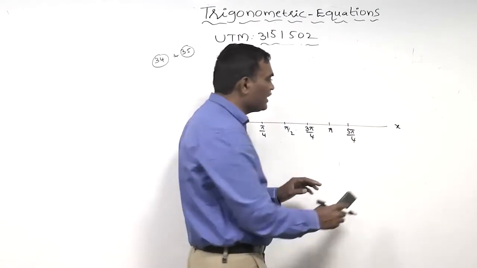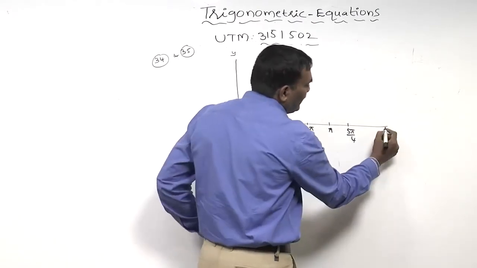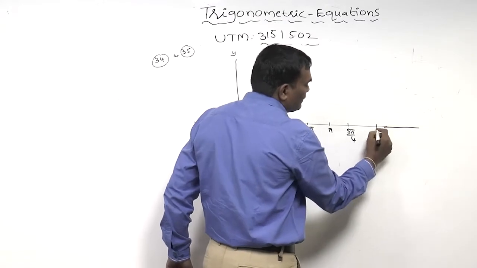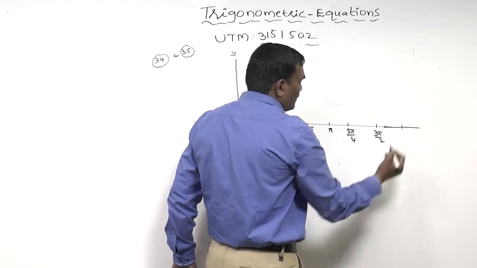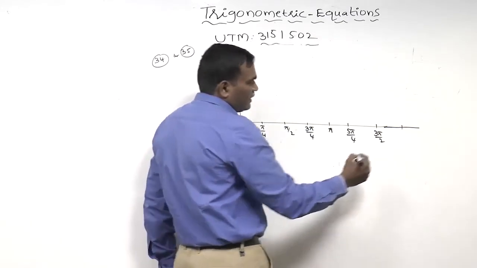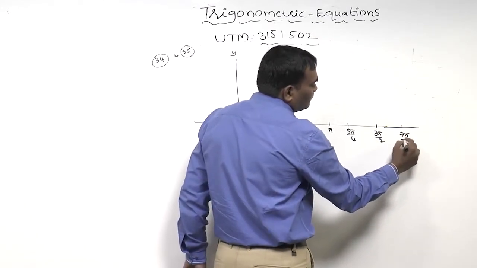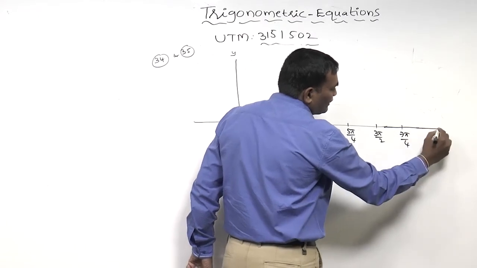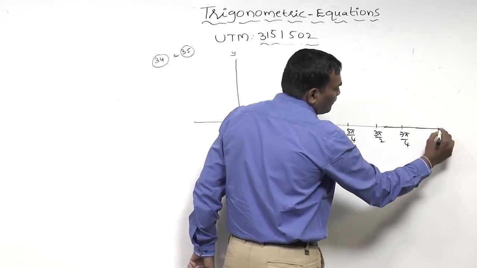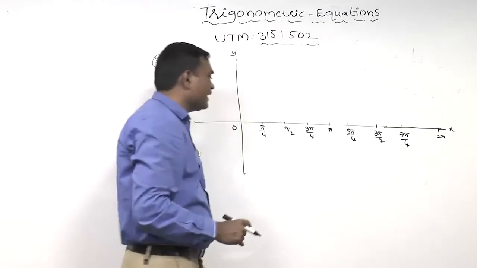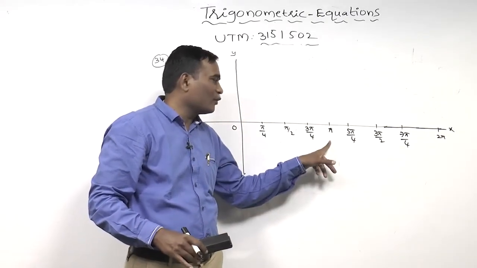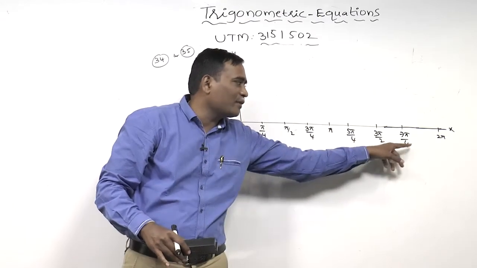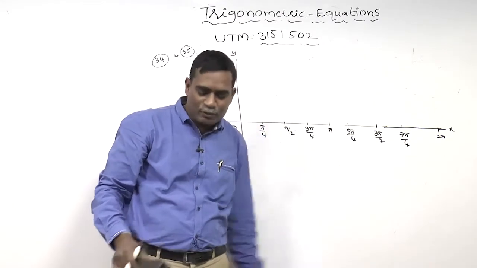Next, 270, that is 3 pi by 2. Next, 7 pi by 4. What about next? 2 pi. This is the x-axis. Simply, it is pi by 4, 2 pi by 4, 3 pi by 4, 4 pi by 4, 5 pi by 4, 6 pi by 4, 7 pi by 4, and 8 pi by 4, which is 2 pi only.